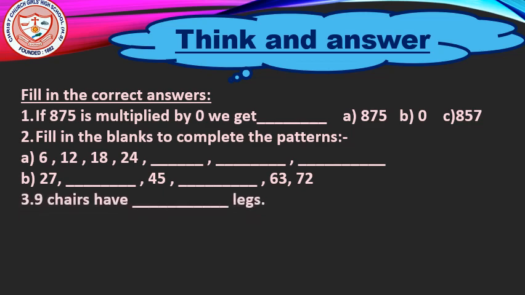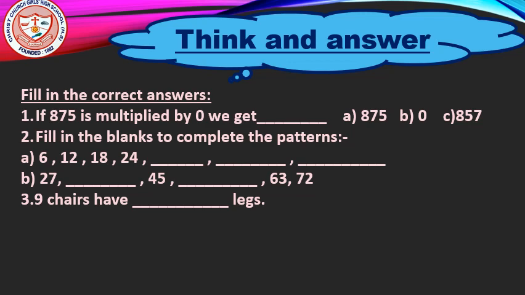Number 3. 9 chairs have dash legs. Girls, I hope you know a chair has 4 legs. So you have to find out 9 chairs have how many legs here?